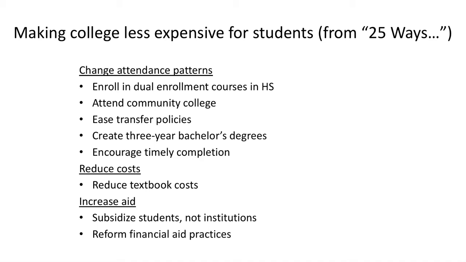So efforts to make transfer of credit much easier for students is appropriate. It's not a cost savings for universities, doesn't reduce the cost of delivering education necessarily, but it definitely makes it easier for students to pay for college and to transfer between schools. Recent effort is to create 3-year bachelor's degrees.